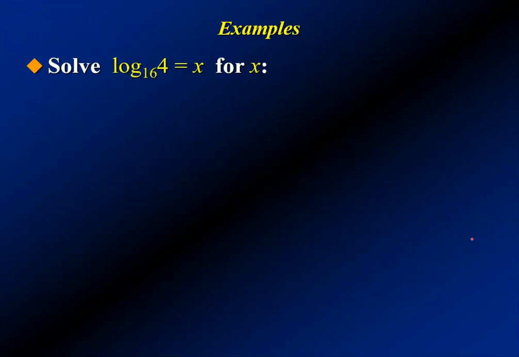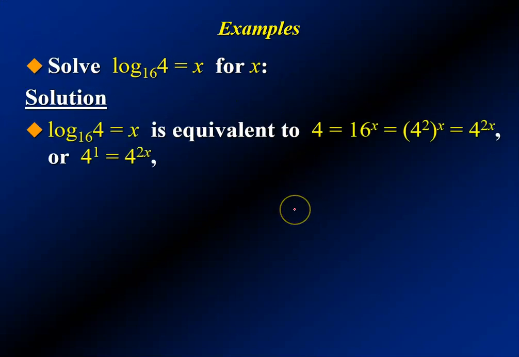Next one, logarithm of 4 base 16 to the power of x. What is x now? We have the base, we have the exponent, we have the 4. So therefore we have 4 equals 16^x. We try to factor the common factor of 4 and 16, the GCF, greatest common factor, which is 4.